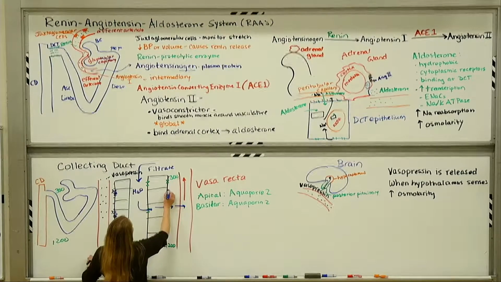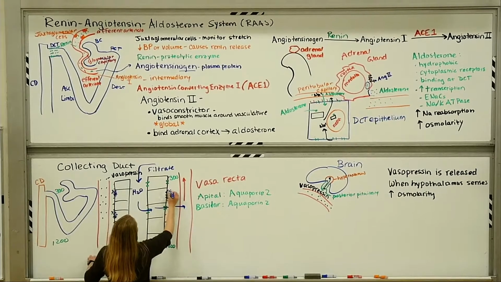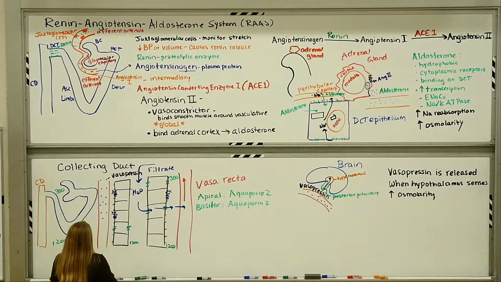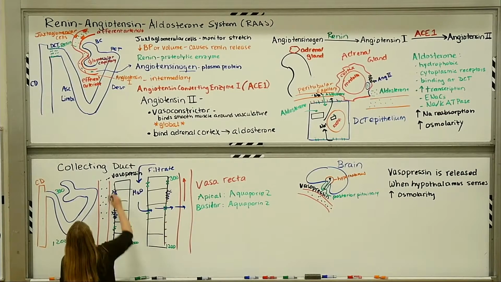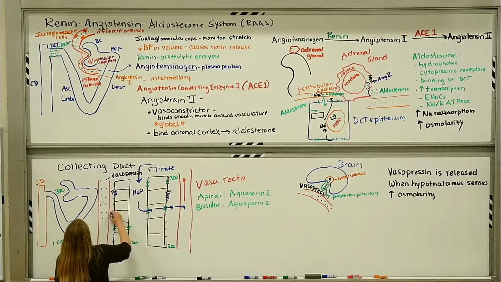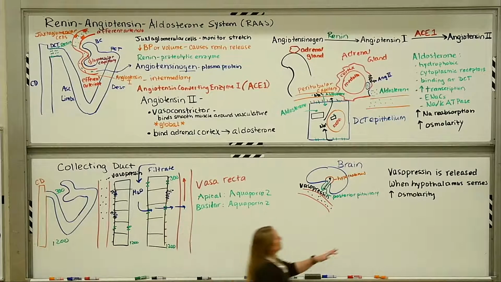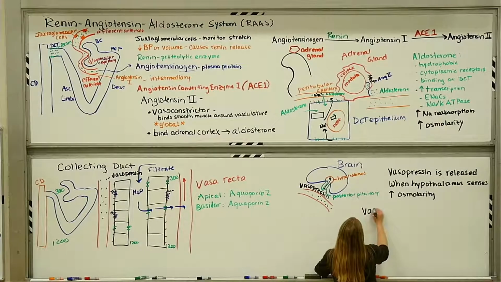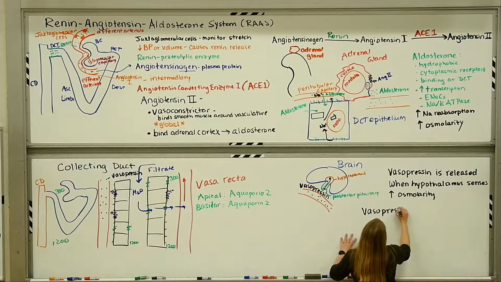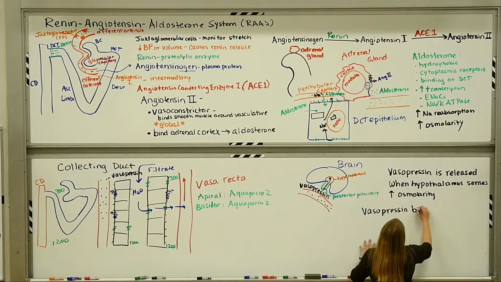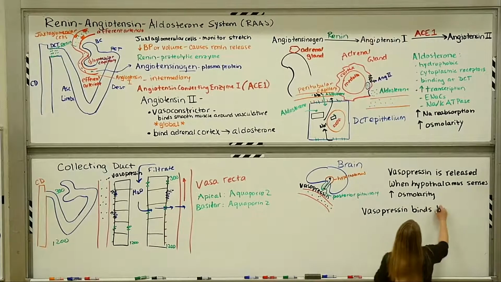So we do the same thing over here. Okay, so vasopressin binds to those GPCRs in the collecting duct.